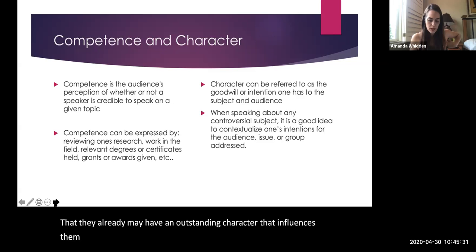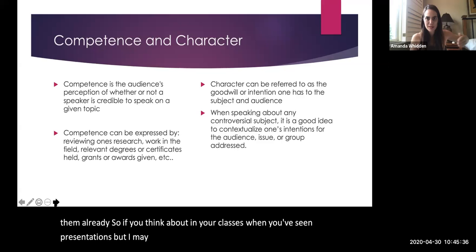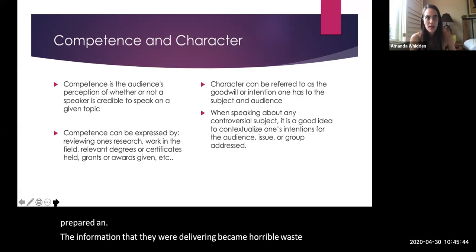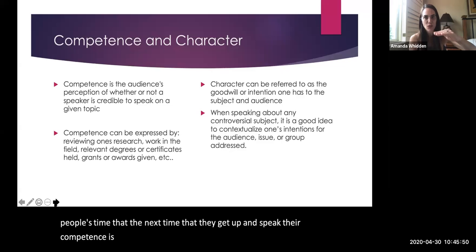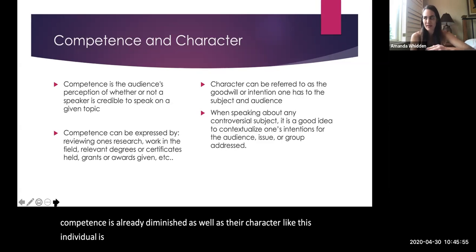So if you think about in your classes when you've seen presentations by maybe a student who continuously was not prepared, the information that they were delivering became more of a waste of people's time, so the next time that they get up and speak, their competence is already diminished as well as their character. Like, oh, this is the goodwill that they have towards their audience.